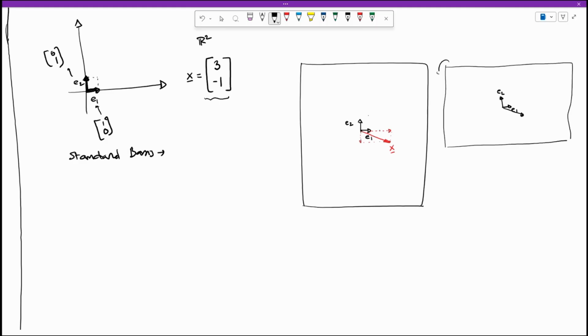For one person, it was like this. For the other person, E1 was here, and E2 was here. That is the reason why for this person, this vector x came out like this. They're not the same, because our bases were different. But once we agree on the basis vectors and the directions in which they point, then both of us should have the same vector. Okay? All right.